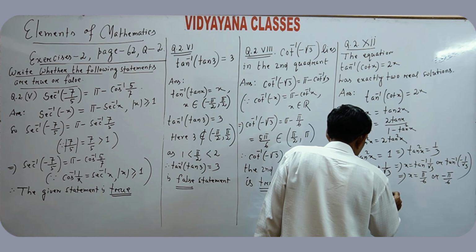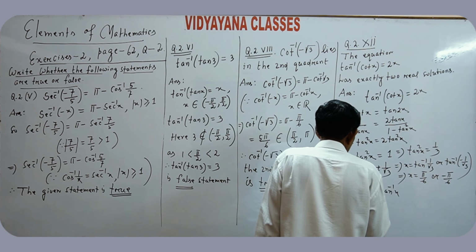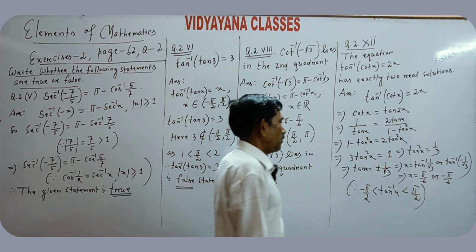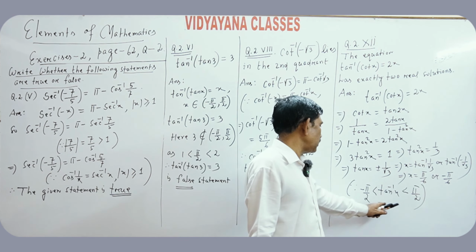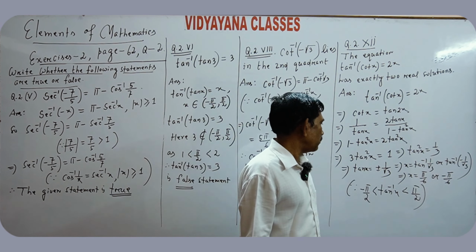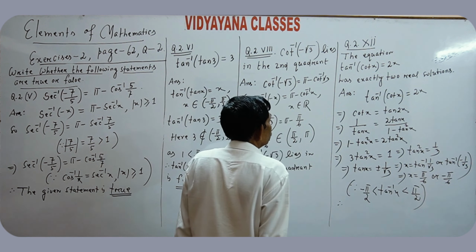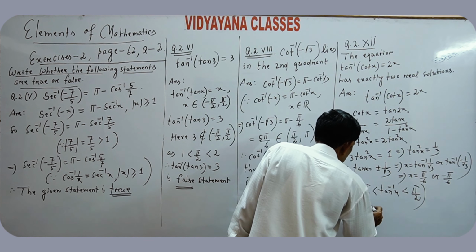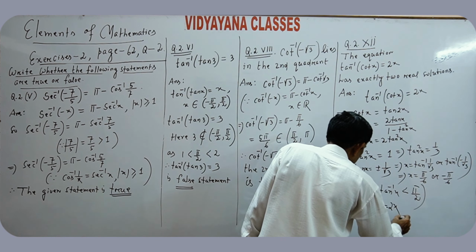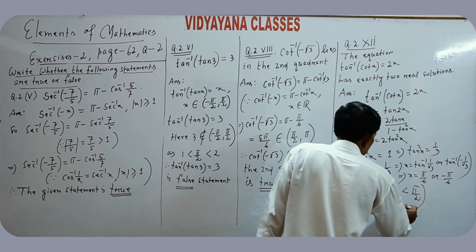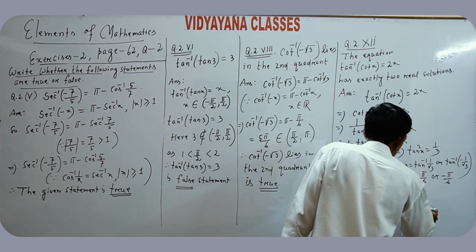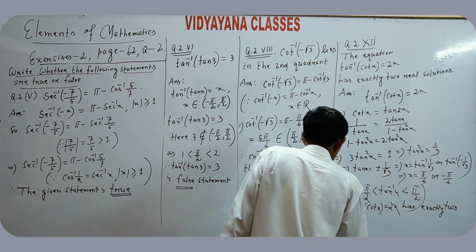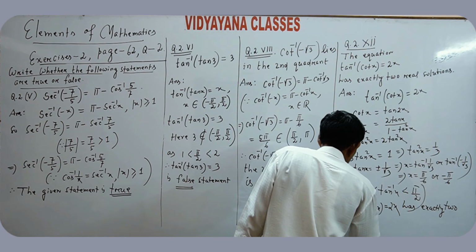Since tan inverse x lies between minus pi by 2 and plus pi by 2, therefore tan inverse cot x is equal to 2x has exactly 2 real solutions.